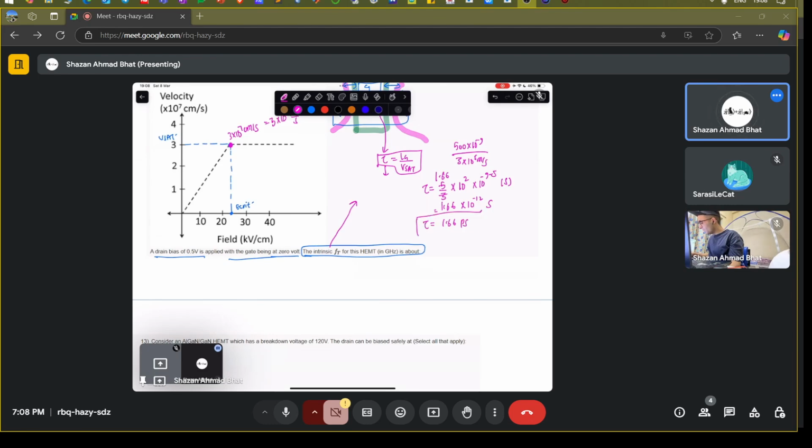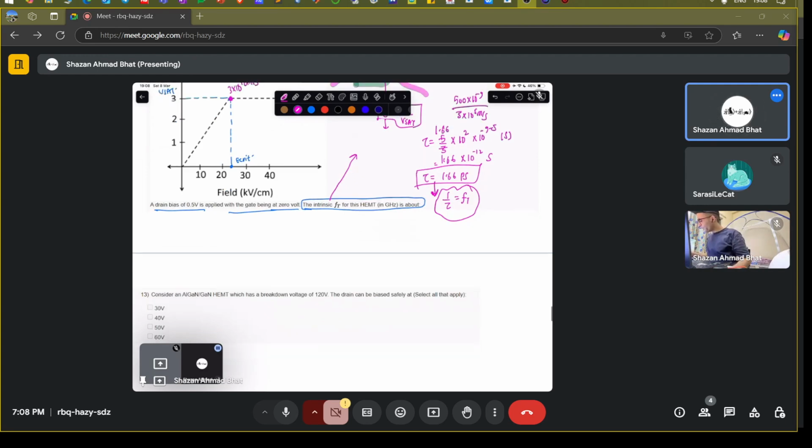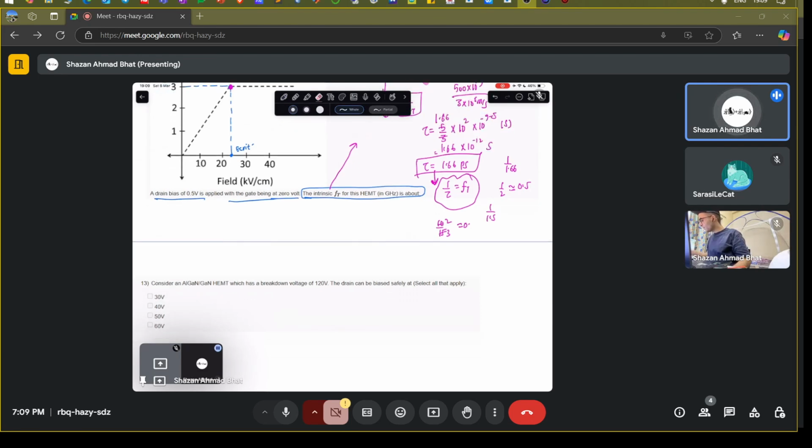This is tau, and now you can invert it, 1 over tau. You get the unity gain frequency intrinsic to the HEMT. How much would it be? 1 over 1.66, 1 over 2, it should be close to 0.5. So approximately 0.4 to 0.6, which means somewhere between 30 and 50 gigahertz will be the answer to this question.